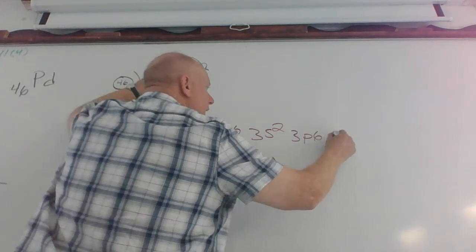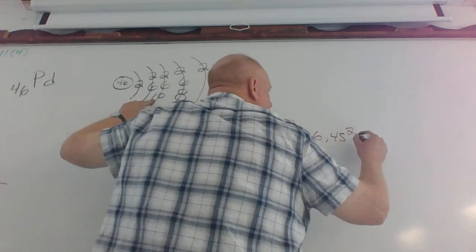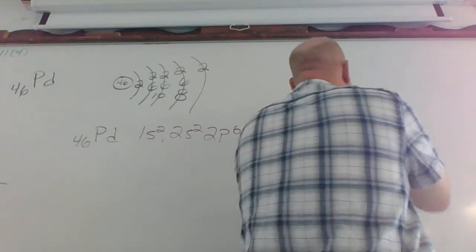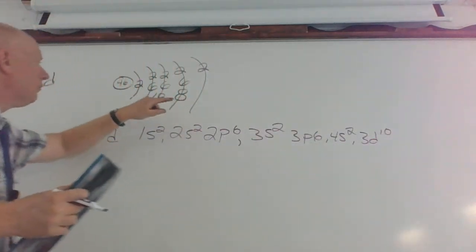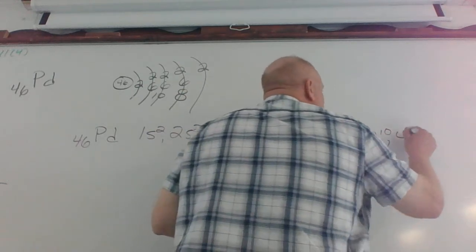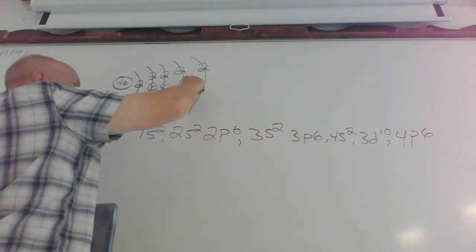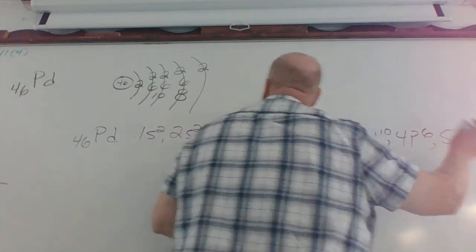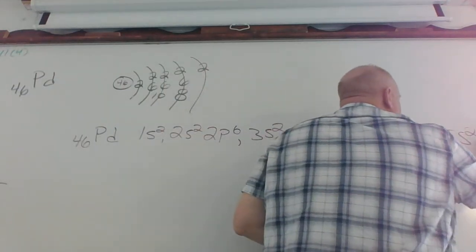Now we go 4s2, 3d10. Okay, so we're right there. Now we're going to go 4p6. We're right here. What comes after 4p6? You correctly said 5s2. And then we go back down to 4d8.